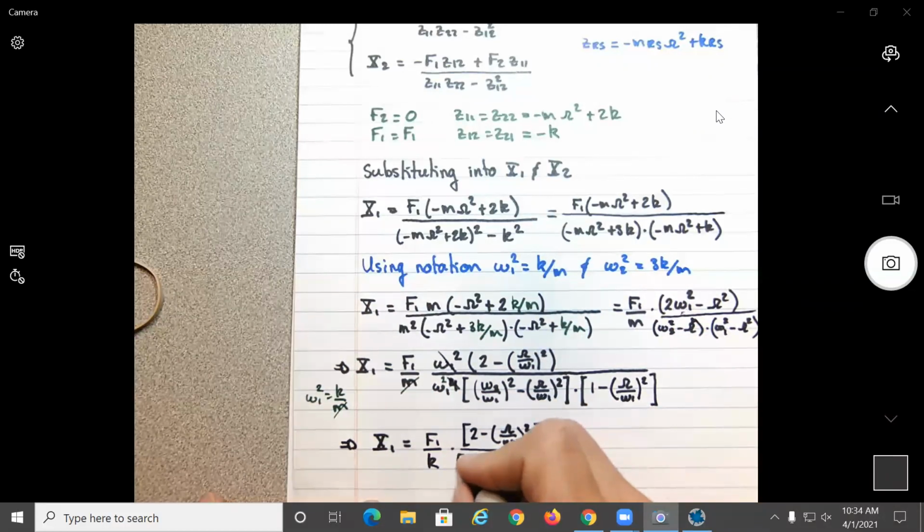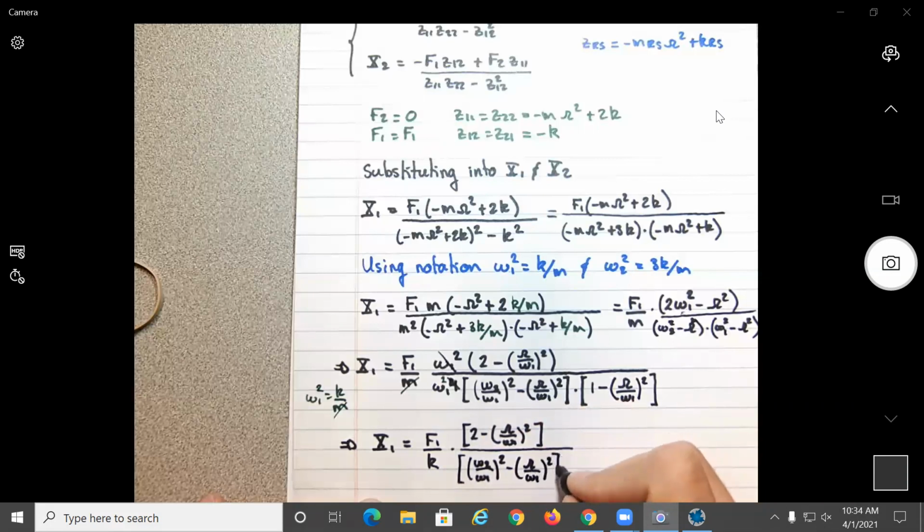And then at the bottom, we're going to get omega 2 divided by omega 1 square minus capital omega divided by omega 1 square, times 1 minus capital omega over omega 1 square.